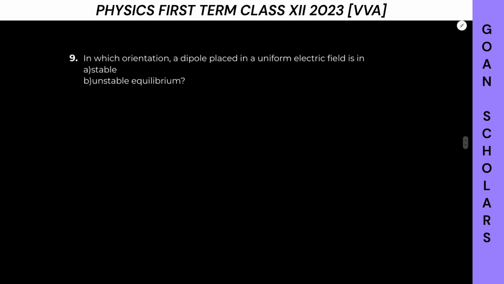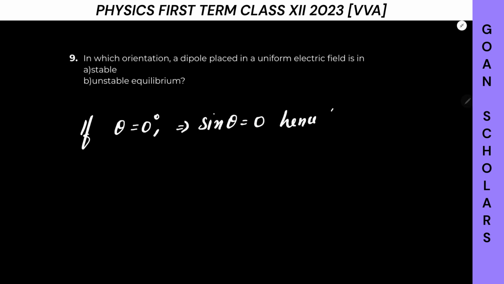In which orientation is a dipole placed in a uniform electric field in a stable configuration? Stable means it's not experiencing any torque. So for the first case, if theta is 0 degrees, this implies sine theta is 0.